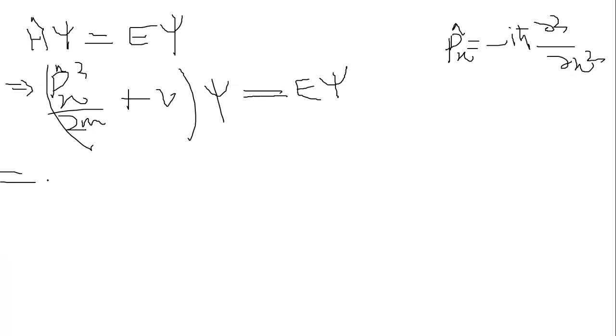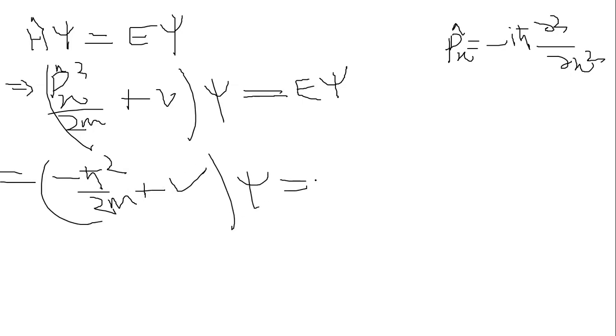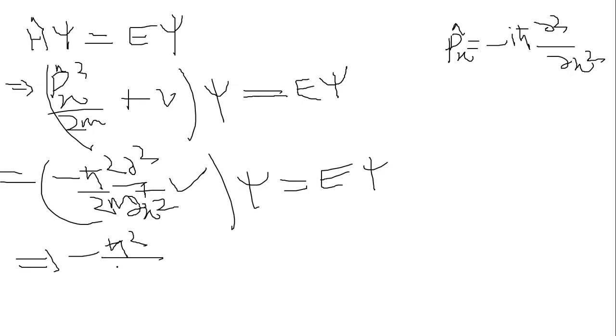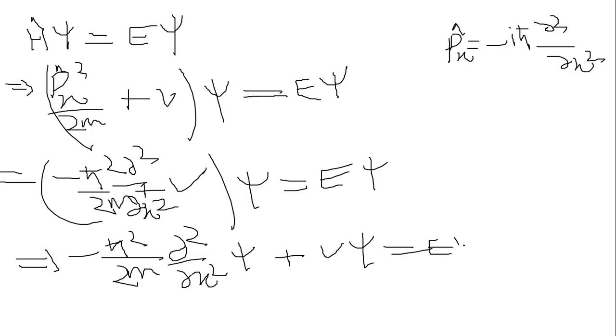So it will be minus h cross square by 2m del square by del x square psi plus V psi equals to E psi.